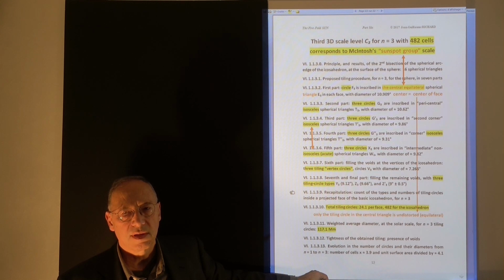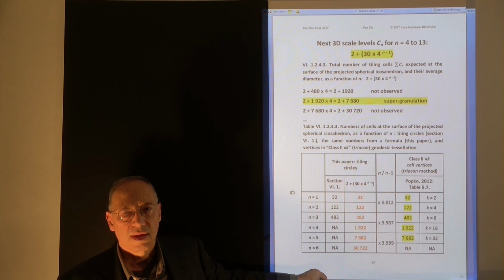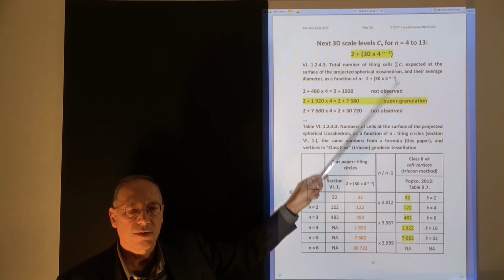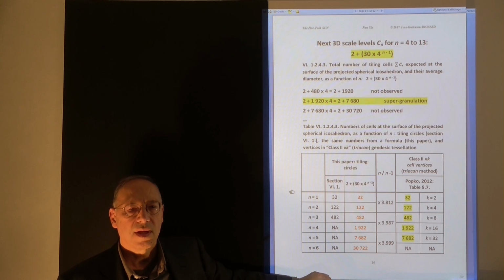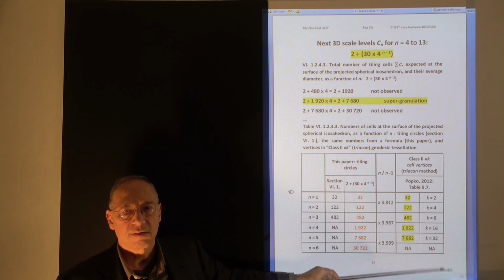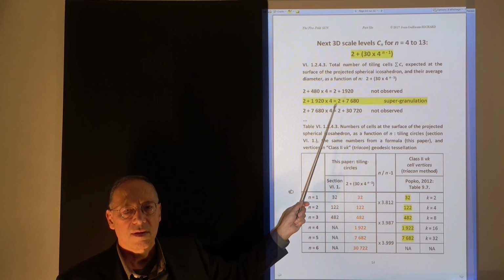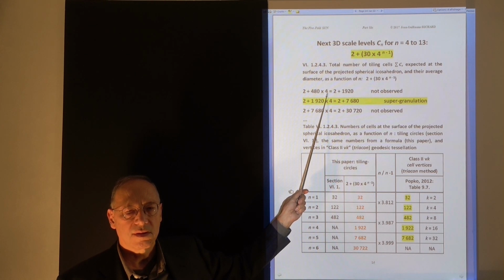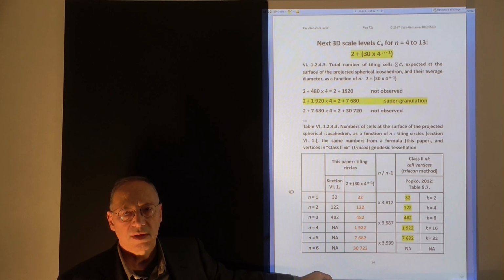of the postulated icosahedron. At the next scale levels, for n equals 4 and more, here we end at n equals 13, below which we cannot provide any postulate of observed solar cells. The formula is in fact absolutely straightforward, because it is only a multiplication by a constant factor, 4 plus 2.